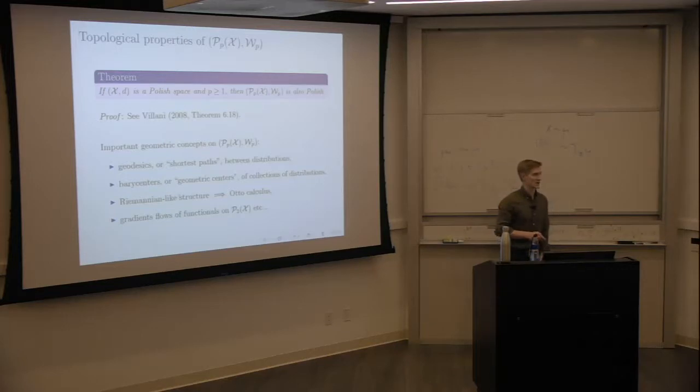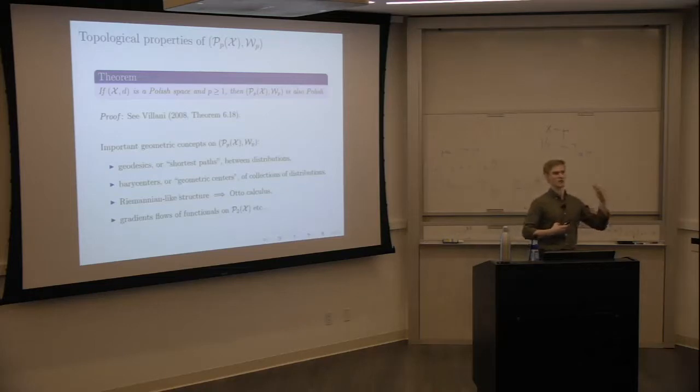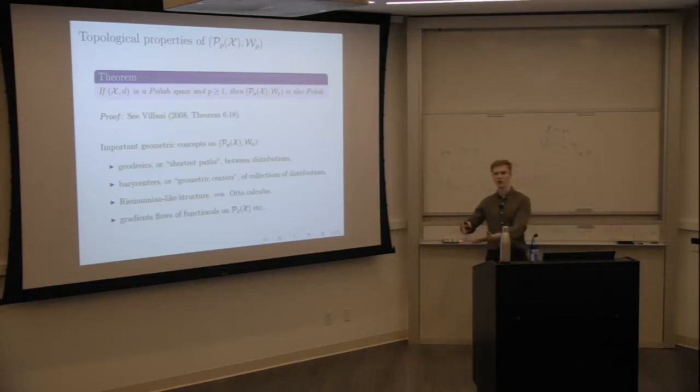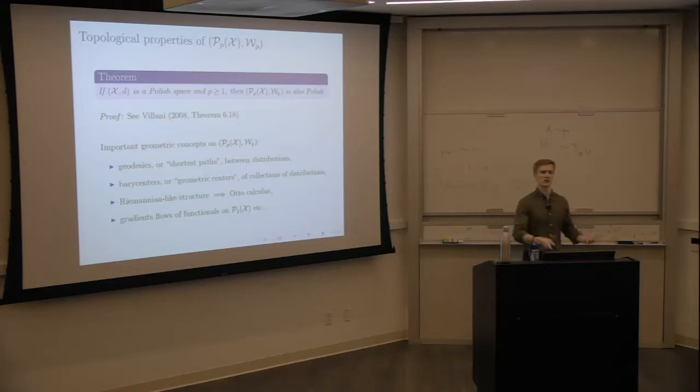And this space has a Riemannian-like structure, which was utilized by Otto and others to develop what's called the Otto calculus, which allows you to define things like gradients of functionals on the space of probability distributions, like entropy or KL divergence, with respect to the Wasserstein distance. That's very important in applied math. It allows you to say, for example, that the heat equation is the gradient flow of entropy when you define gradients in a formal sense with respect to the Wasserstein distance.